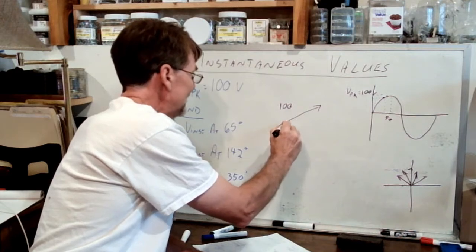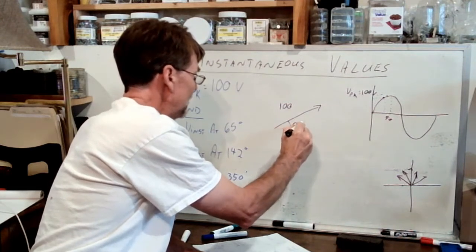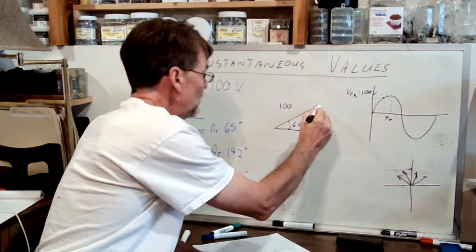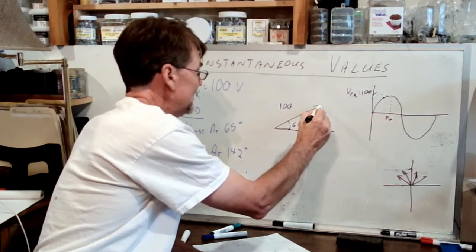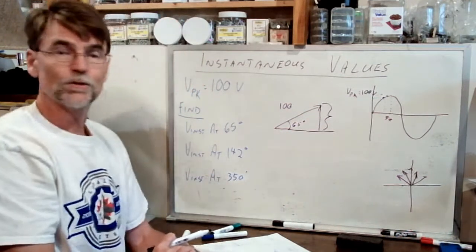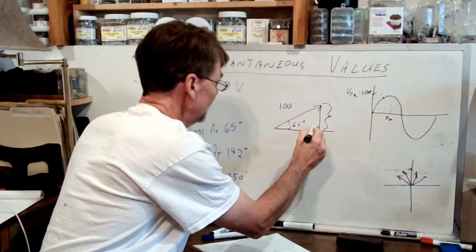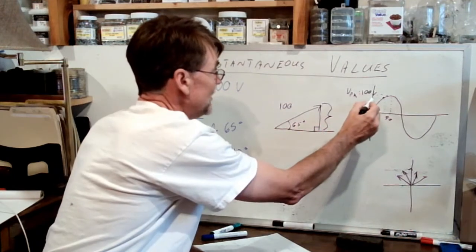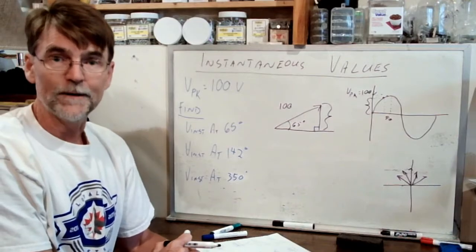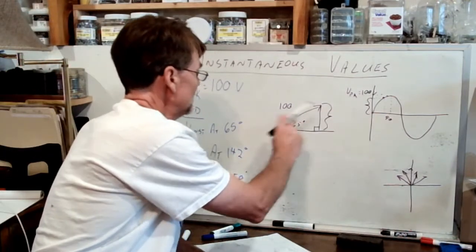But when the vector is at 65 degrees, what is the distance from the peak of that vector back to our reference at 0 degrees? There's our right angle triangle. And what is that height right there? This is the opposite. This is the hypotenuse.